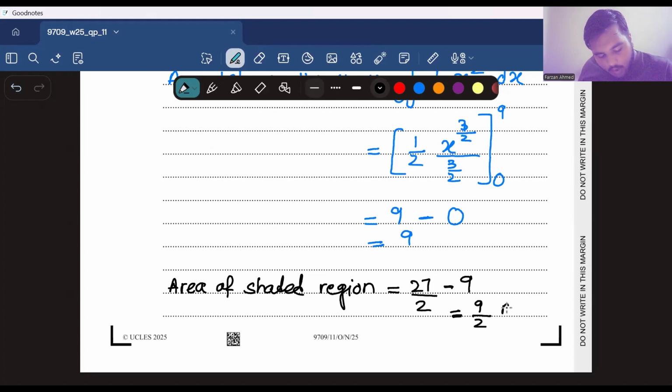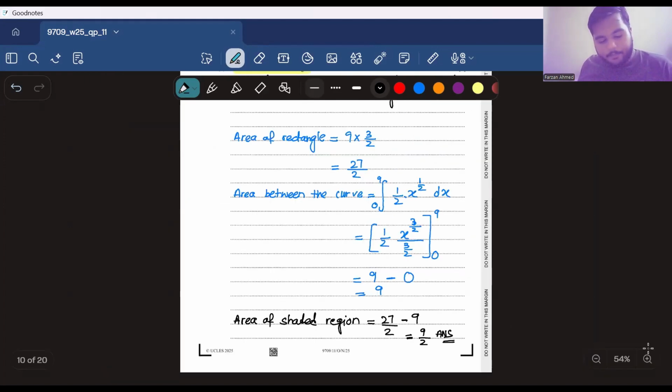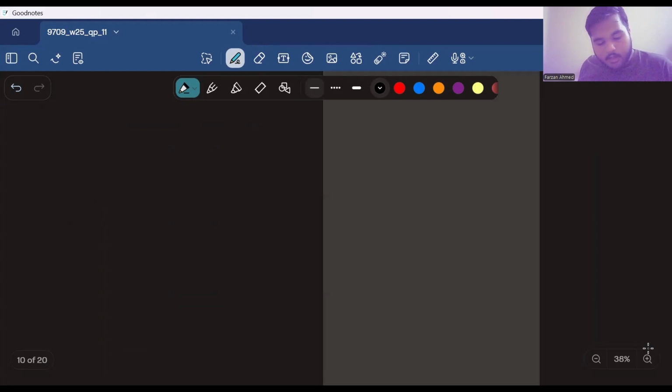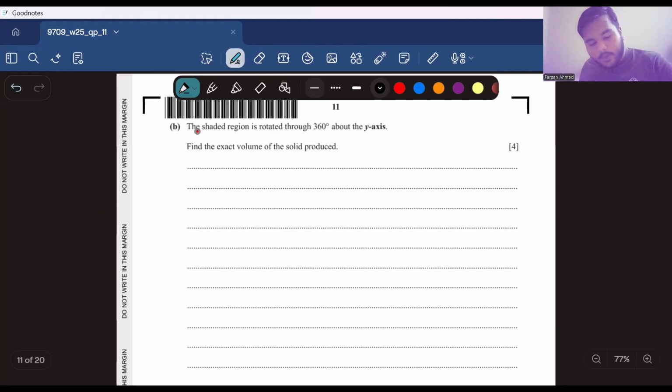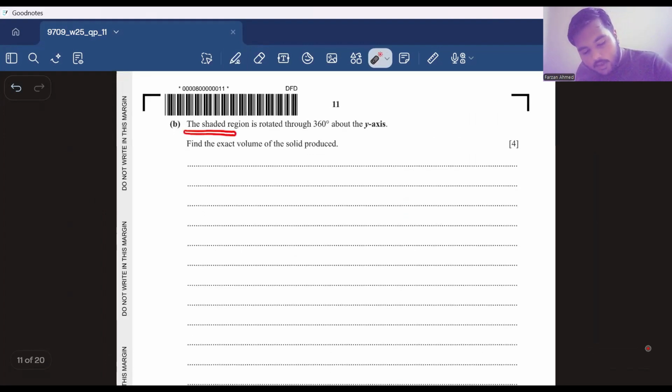This is the answer for the area of the shaded region. Now moving to part B. In part B, they are saying the shaded region is rotated through 360 degrees about the y-axis. We have to find the exact volume of the solid produced.